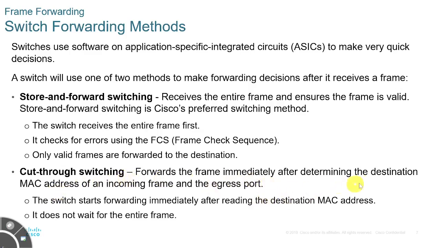And for sure, it will deduce from the MAC address the egress port, in which port the switch will transfer this frame. So the switch starts forwarding immediately after reading the destination MAC address. It doesn't wait for the entire frame.